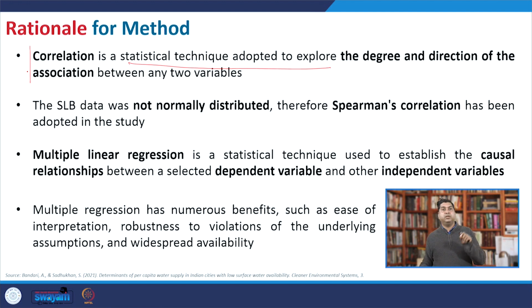If you recall the correlation analysis that I mentioned in the first or second week of this course, this is where you would like to know the relationship. One thing is how strong the relationship is, and then the direction: if an increase in one also increases the other, it is a positive correlation. If an increase in one decreases the other, it is a negative correlation.